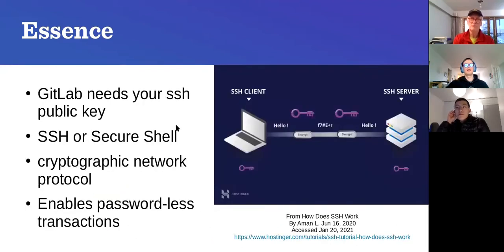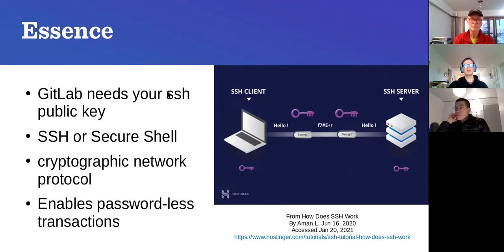In order for you to push to the repository, you will need to configure your SSH public key. You will need to give your SSH public key to the GitLab server so it recognizes your computer and doesn't ask you for the password.